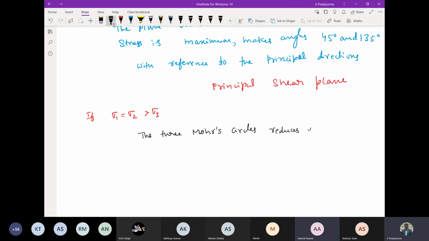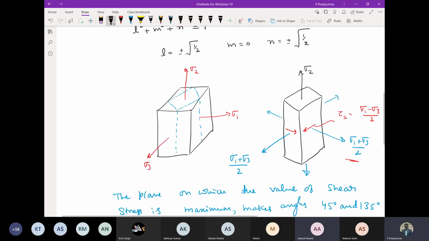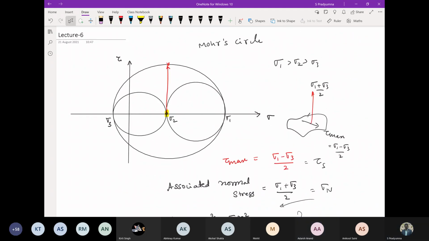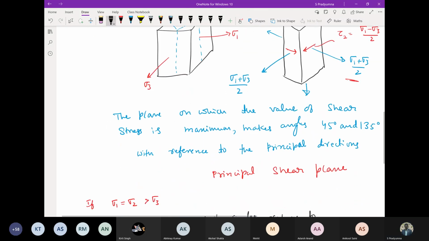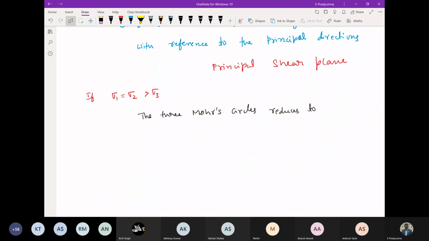Two circles and the point circle. See, if you look at this figure, two are equal: sigma 1 is equal to sigma 2. That means these two points coincide. So how many circles are there? There is only one circle; it reduces to one circle.